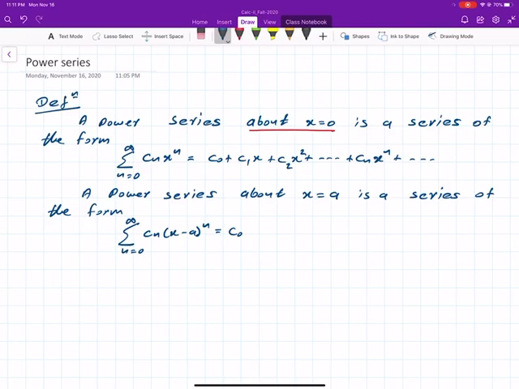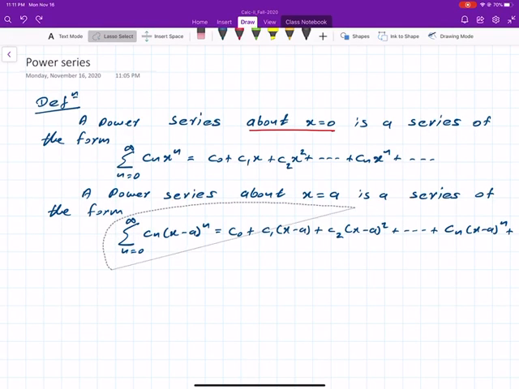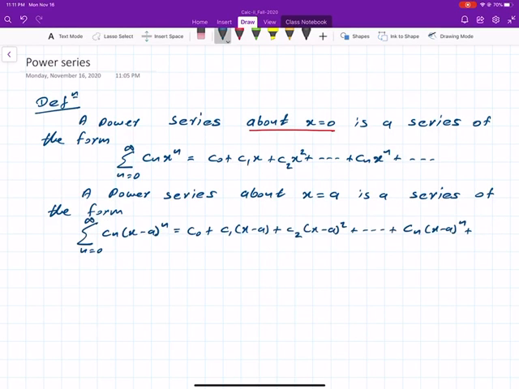This can be written down as C0 plus C1 (x minus a) plus C2 (x minus a) to the power 2 plus ... plus Cn (x minus a) to the power n plus .... So in this case, this is a power series about x equals a. You can see this a right here. Normally we write power series centered at a point. We can understand this later when we discuss examples.